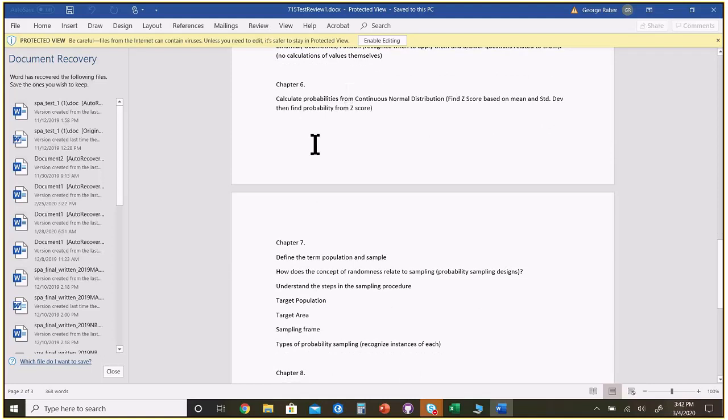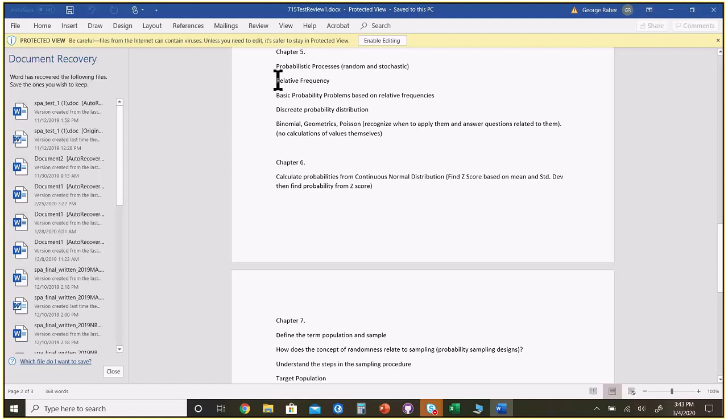Okay. All right. Now, having said that, when we get into continuous probabilities, we calculated some stuff up here. So we are calculating from the continuous normal distribution. I want you to be able to find the z-score based on a mean and standard deviation. These are the type of questions that were on the homework.